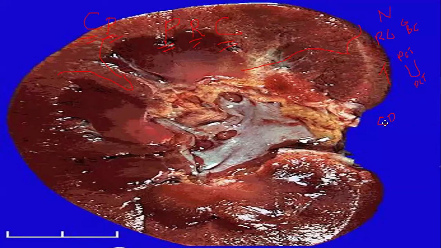But other physiologists say that it is not a part, because it comes from the ureteric bud.